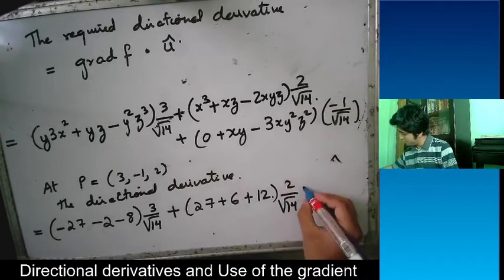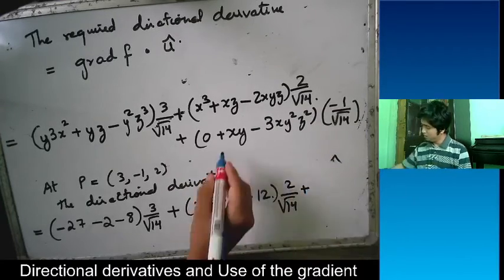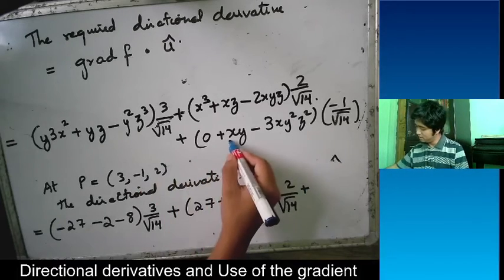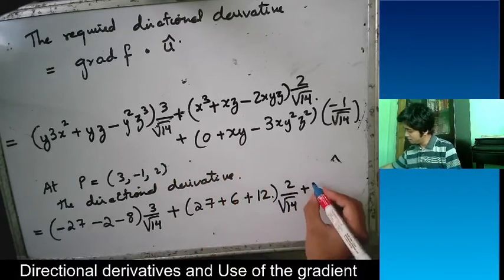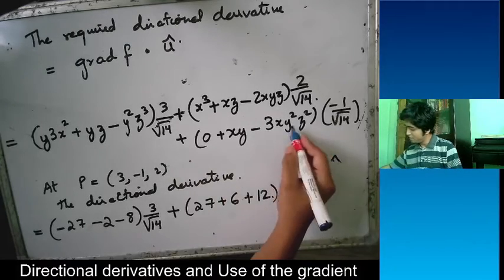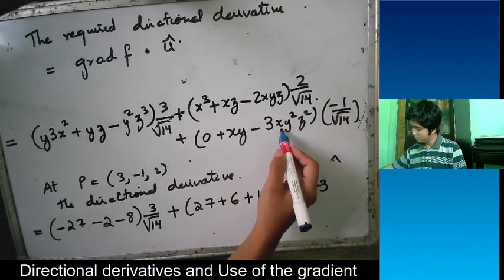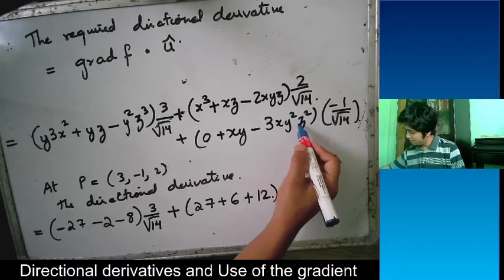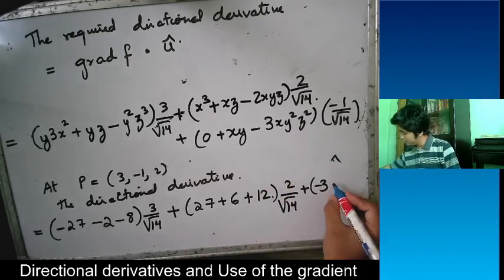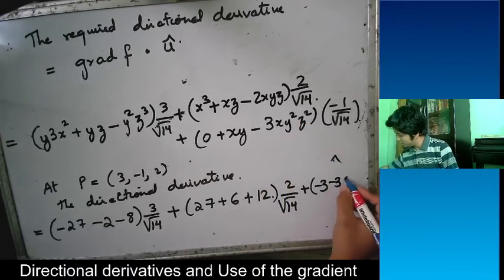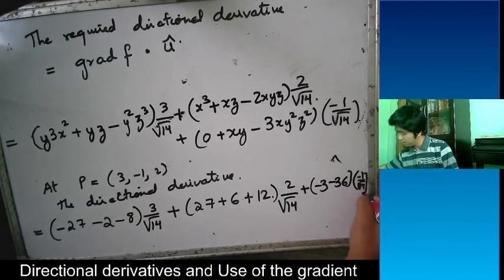And similarly this one you can calculate: x will be 3, minus 3xy squared, 3x will give you 9, 9 times 4 is 36, minus 36, times minus 1 upon root 14.